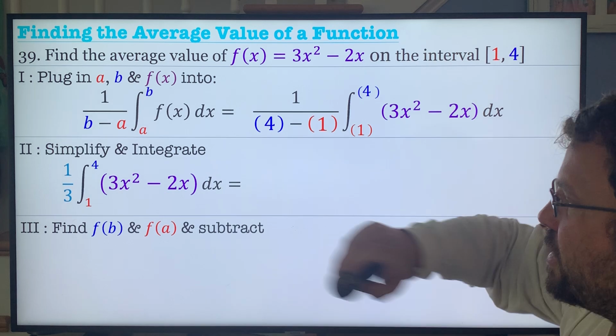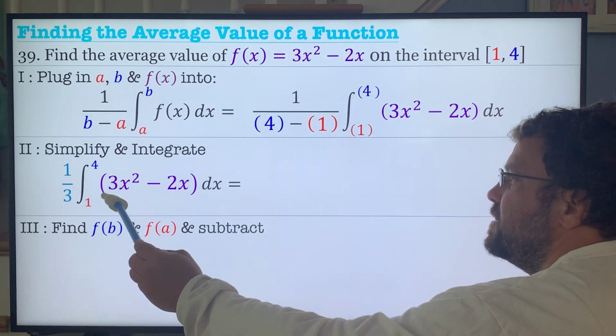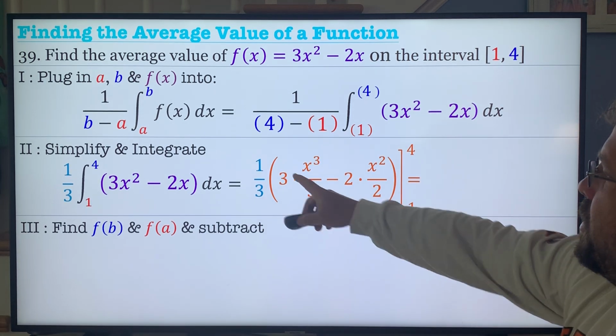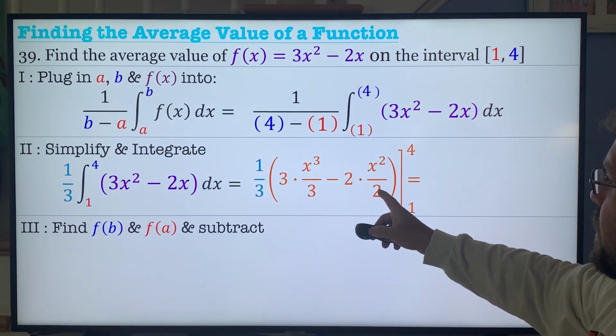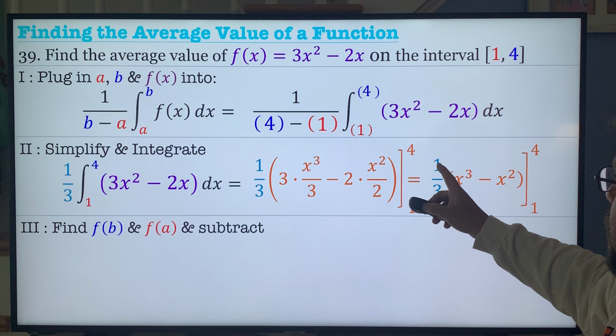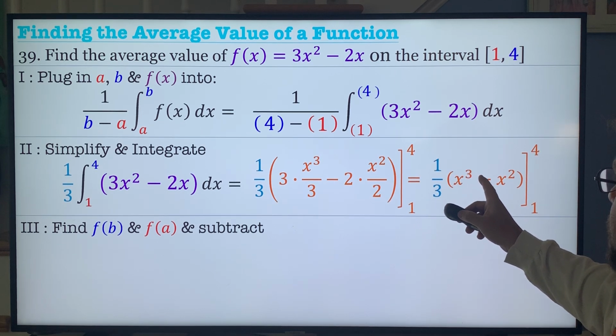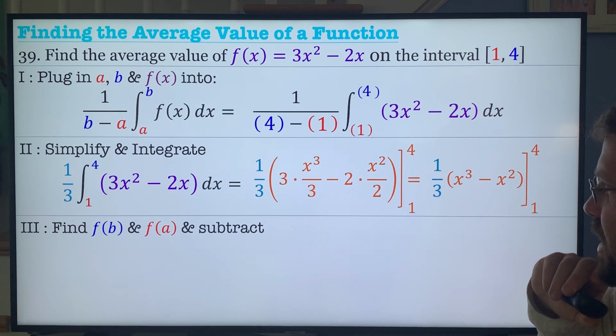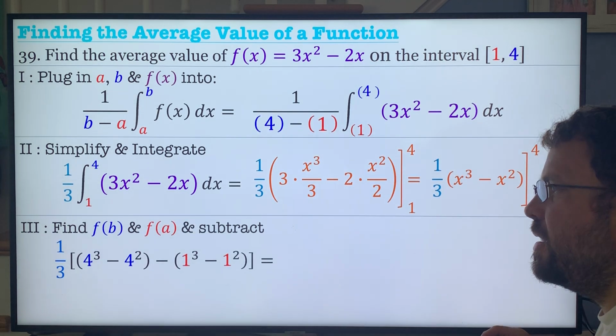Integrate. This is a constant, so it stays up front. x cubed over 3, x squared over 2. 3 divided by 3 is 1, 2 divided by 2 is 1. So this just becomes 1/3 times x cubed minus x squared from 1 to 4. Now find f of b and f of a.